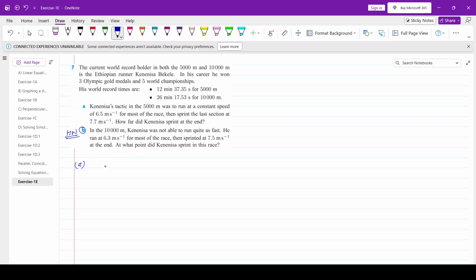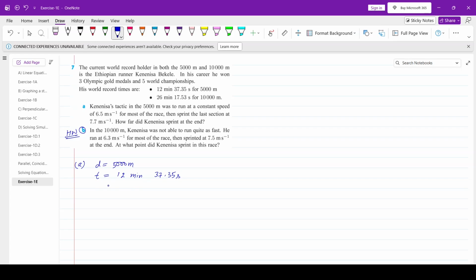Firstly, we can say distance is 5,000 meters. Time is 12 minutes 37.35 seconds.